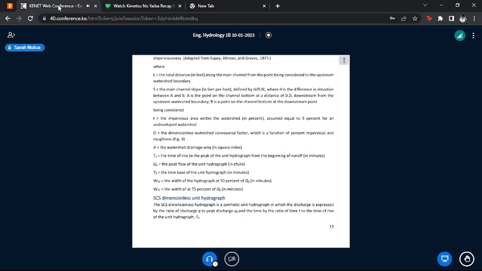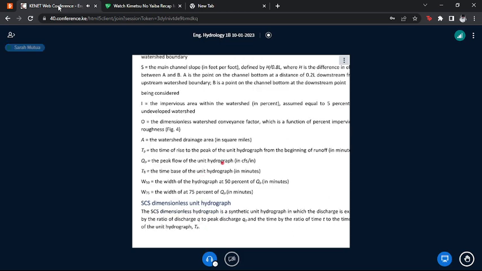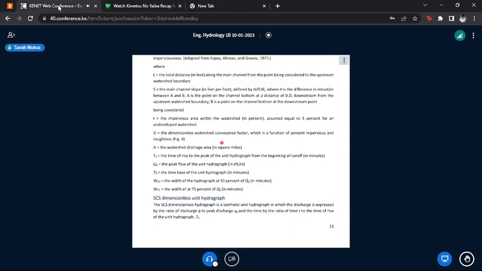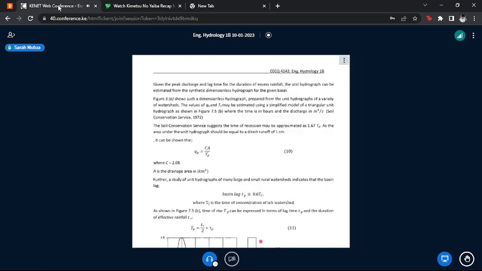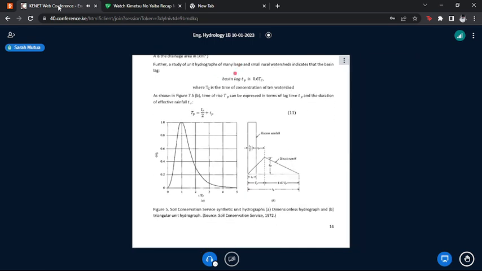Today we will not extend our class because I have to take my son to school, so I have to prepare to leave. When we come back next time, we will start with the SES dimensionless unit hydrograph, which I think should be shorter.